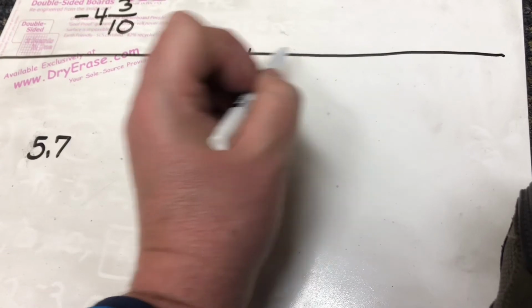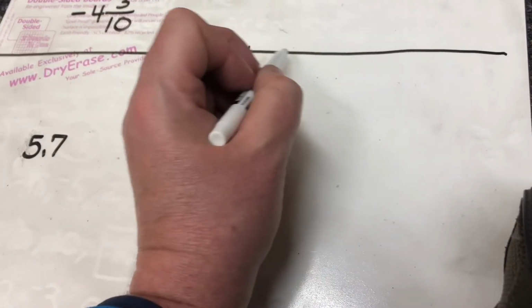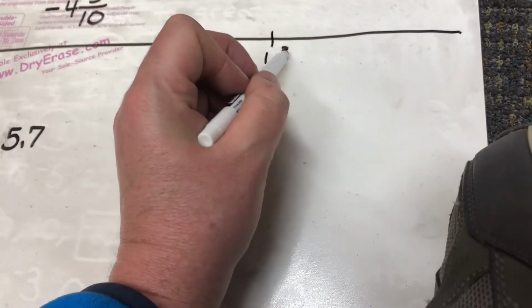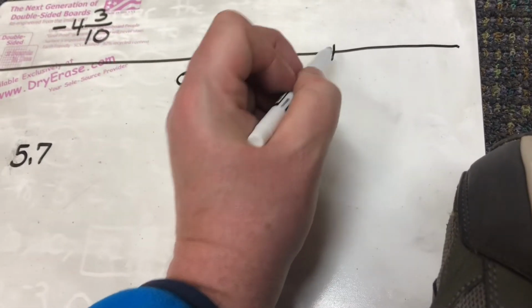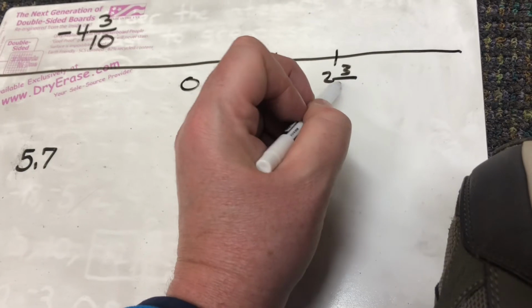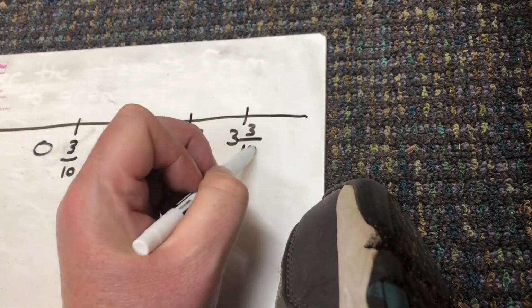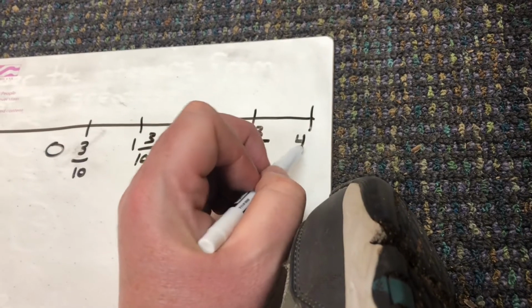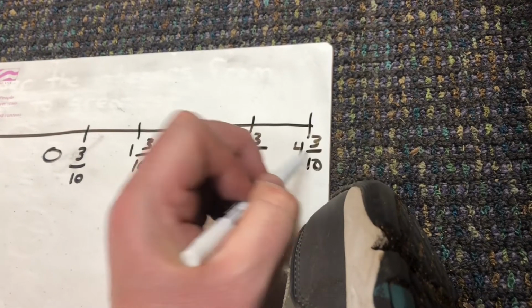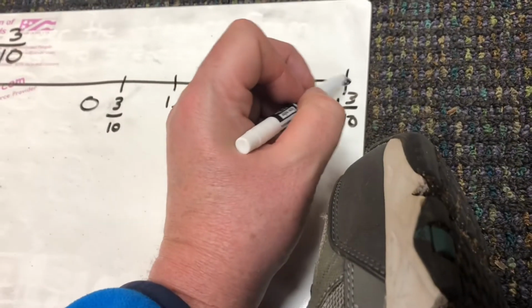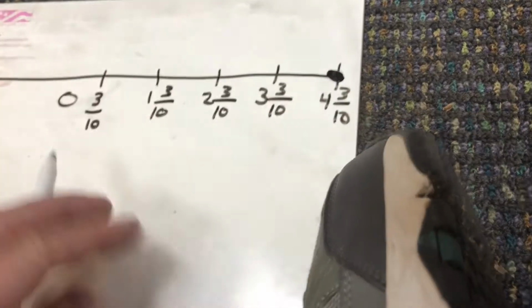I'll space it out a little more because that's only a difference of 3/10. Now I'm going to go up by intervals of 1: 1 and 3/10, 2 and 3/10, 3 and 3/10, 4 and 3 over 10. And that's the opposite of negative 4 and 3/10. So I'll go ahead and graph that one.